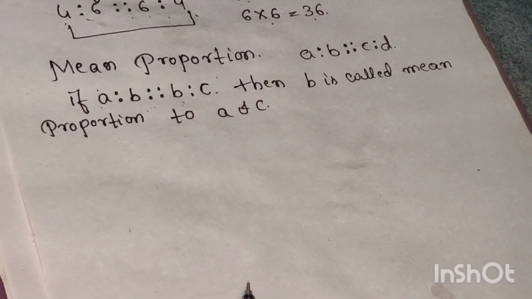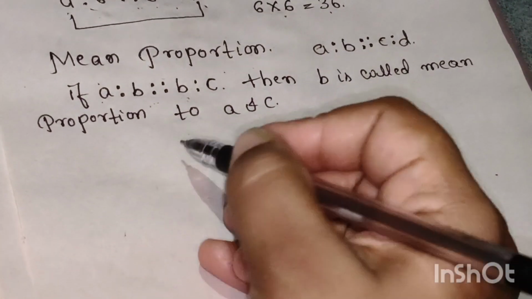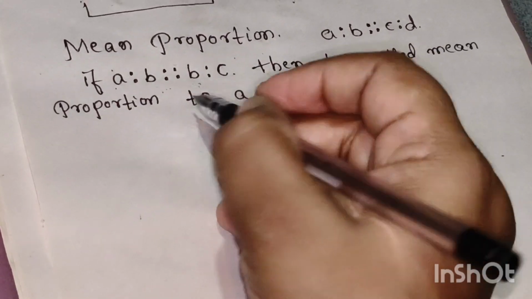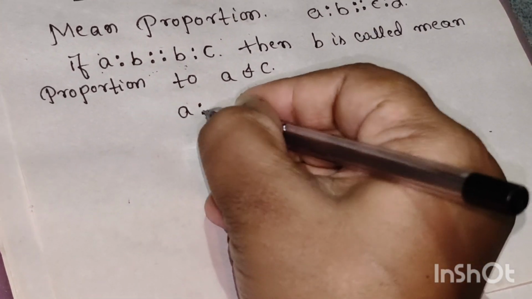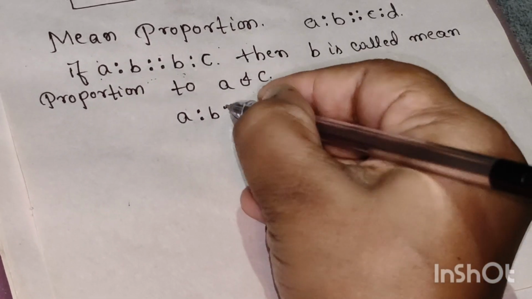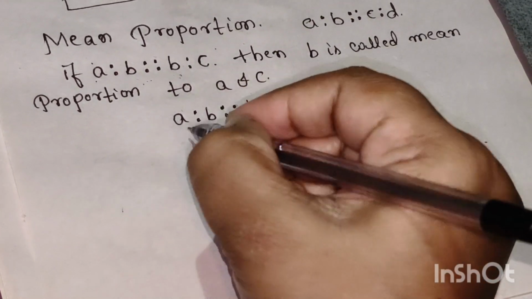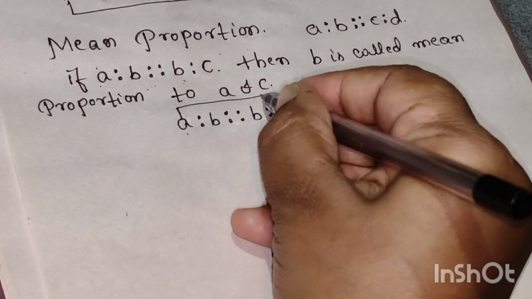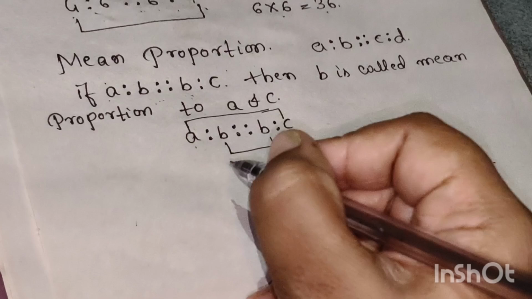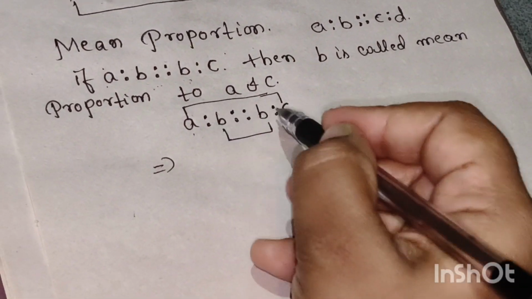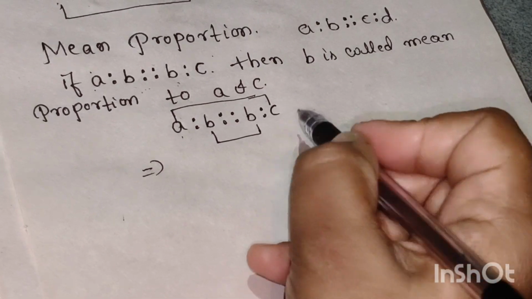So how to find B in this case? You write the proportion in the form A is to B is proportion to B is to C. Find the product of extremes and product of means. We know that proportion means product of extremes is equal to product of means.